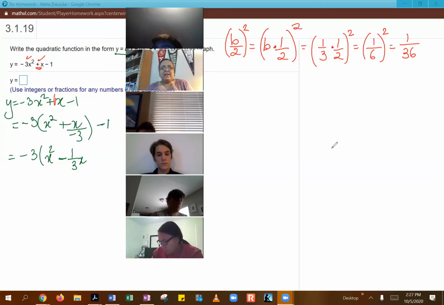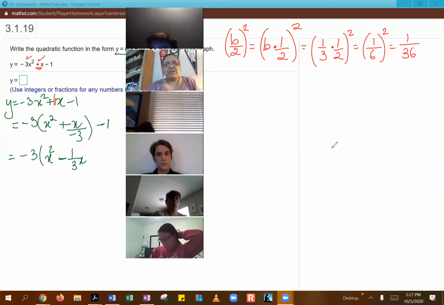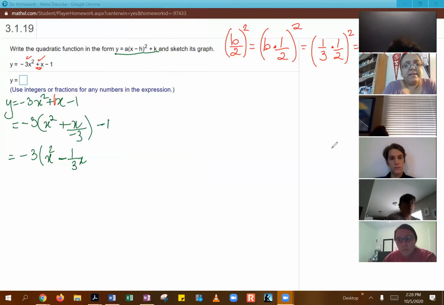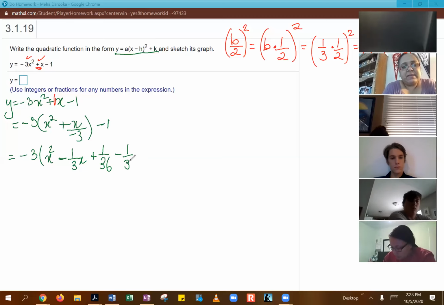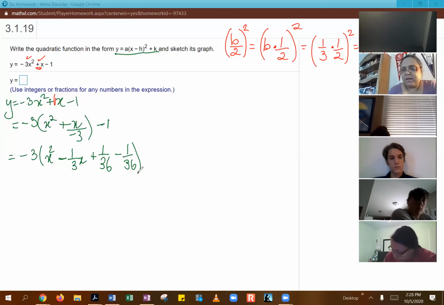So by adding it and then subtracting it, it's kind of like you're adding 0, right? Which means you're not changing the value of your equation. So that's what we're going to end up doing over here. We're going to take that positive 1/36 and we're going to add it and subtract it at the same time. Okay, and then don't forget that -1 on the outside.